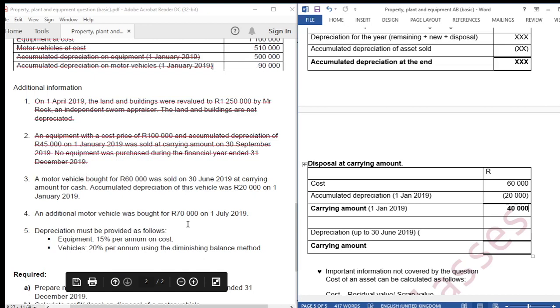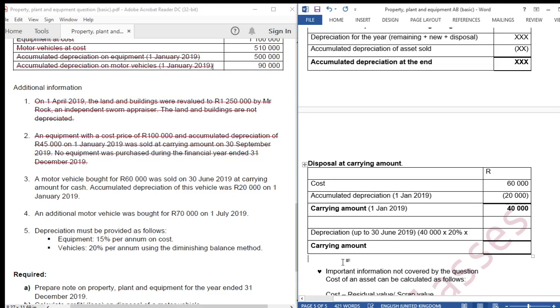Depreciation for motor vehicles is 20% per annum using the diminishing balance method, which means we are calculating on carrying amount multiplied by 20%, multiplied by number of months. Let us count the months: January, February, March, April, May, June.